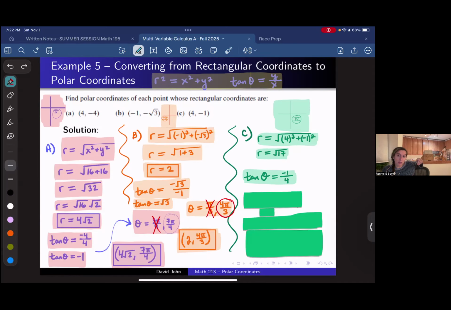But because tan is odd, we can pull out the negative and look at it as negative tan inverse of 1/4, which is what we have here.